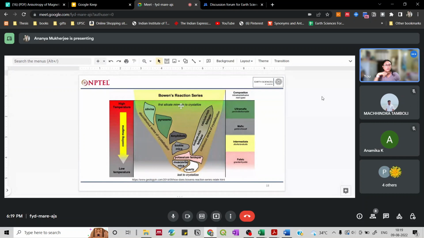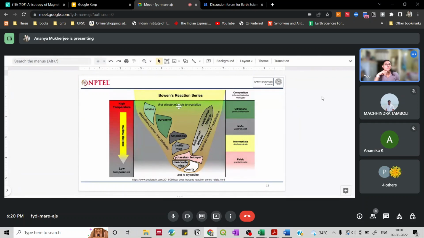As we know, magma comes up from the mantle, moving on top, so the temperature starts to cool down as it reaches the surface. According to that, these minerals crystallize one after another.